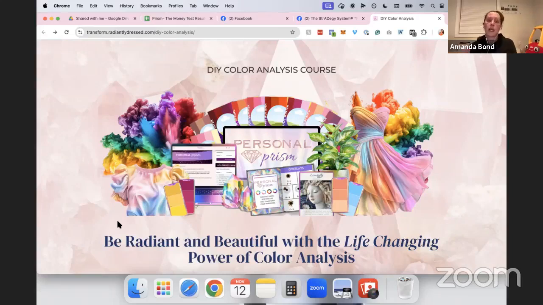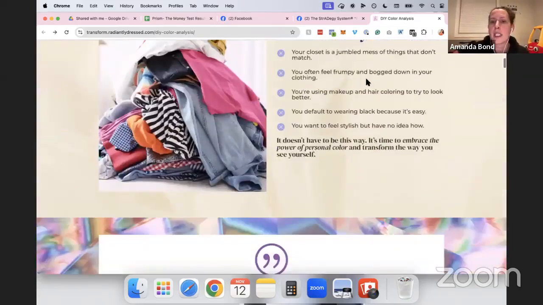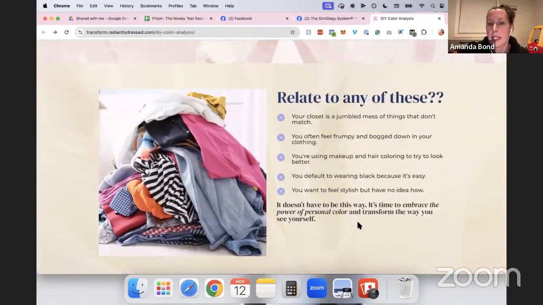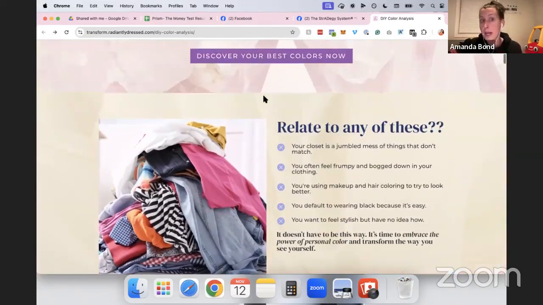What we want to make sure we're conveying is what understanding their color analysis will do for them. You might touch on it in some of these things, but what I might add is more of a story.